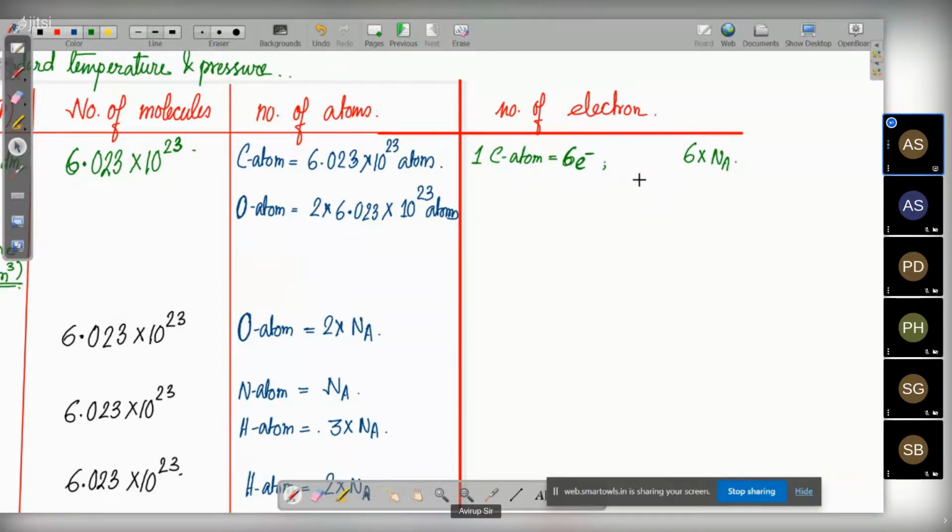Then the same for oxygen. How many electrons are present in oxygen? 8 electrons are present in oxygen. So one atom has 8 electrons. Avogadro number of atoms has 8 into 2 into Avogadro number, so that is 16 into Avogadro number.